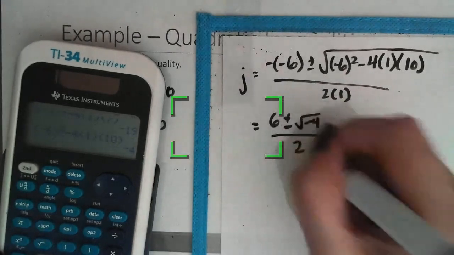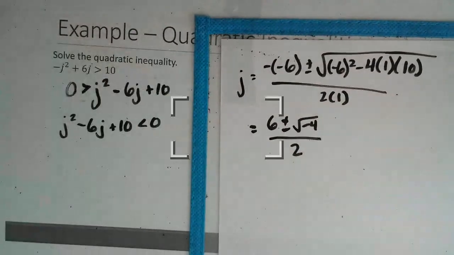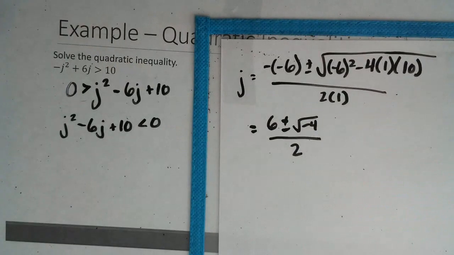The same thing is happening as last time. I'm getting a complex number, and I can't plot complex numbers on my real number line.